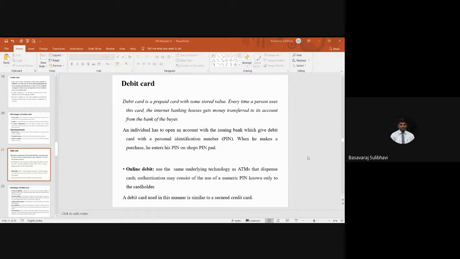So he enters his PIN on the shop's PIN pad, the device which helps them connect. Then we have online debit cards, using the same underlying technology as ATMs that dispense cash, and also identification, mostly consisting of a numeric PIN known only to the cardholder.